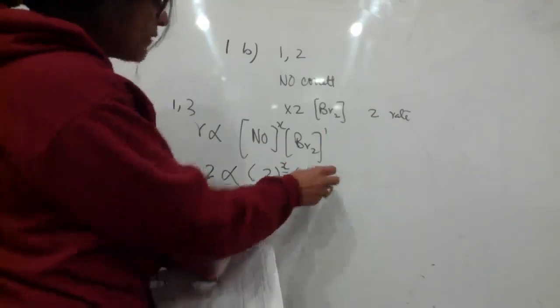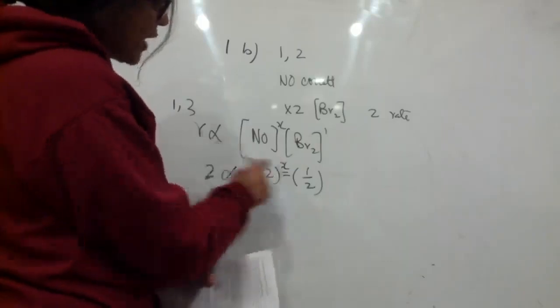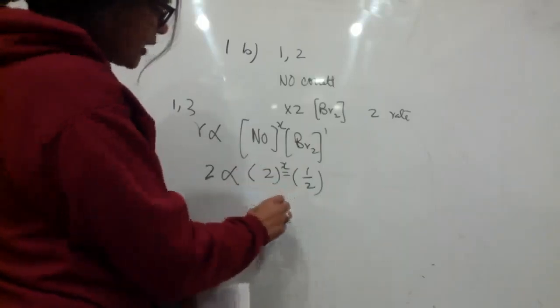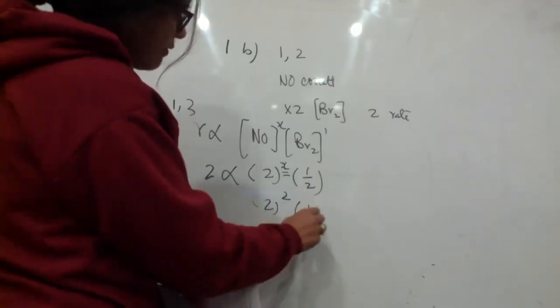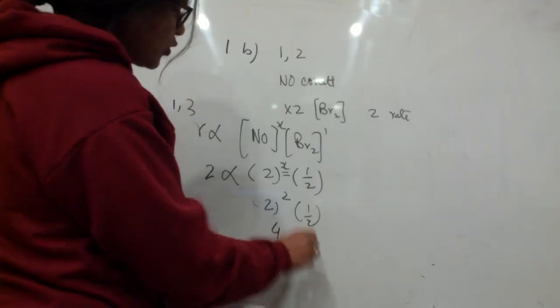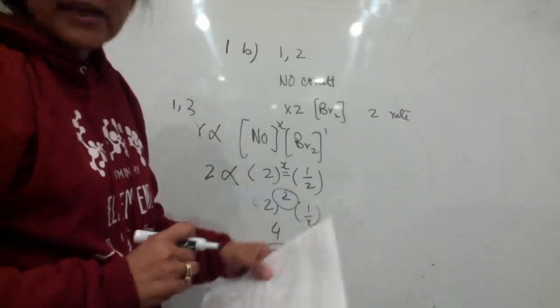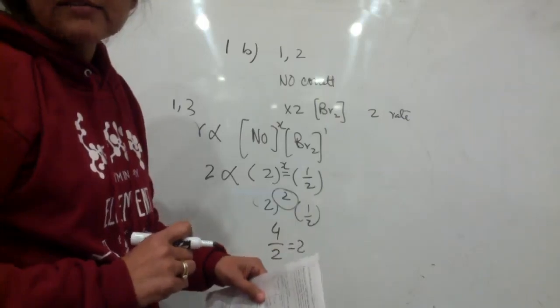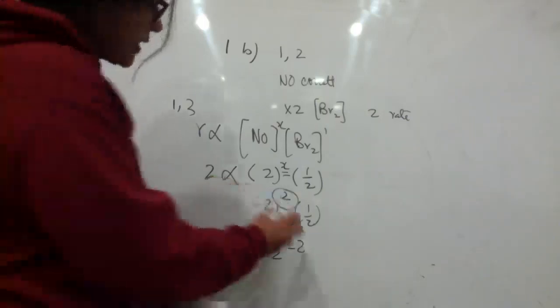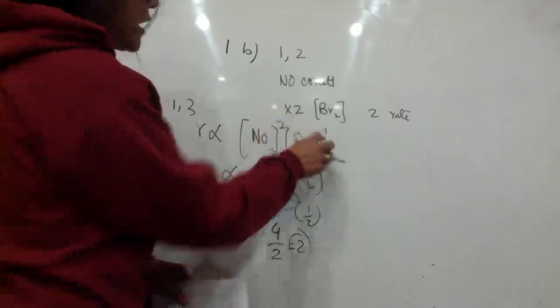If it is 1/2 to the power, it's 1/2. If we put it as 1, then this becomes 1. But if we put it as 2, then 2 squared times 1/2, so this is 4 divided by 2 is equal to 2. So this is second order. Is the answer key not saying second order, Talia? It should be second order with regards to NO and first order with regards to Br2.